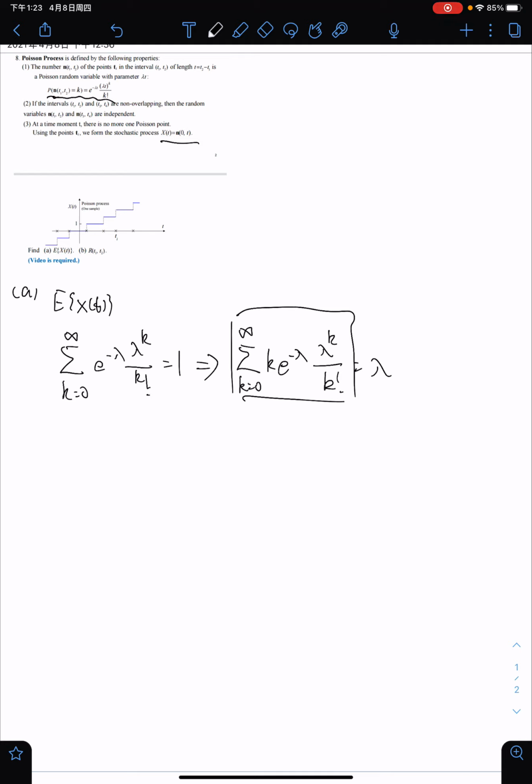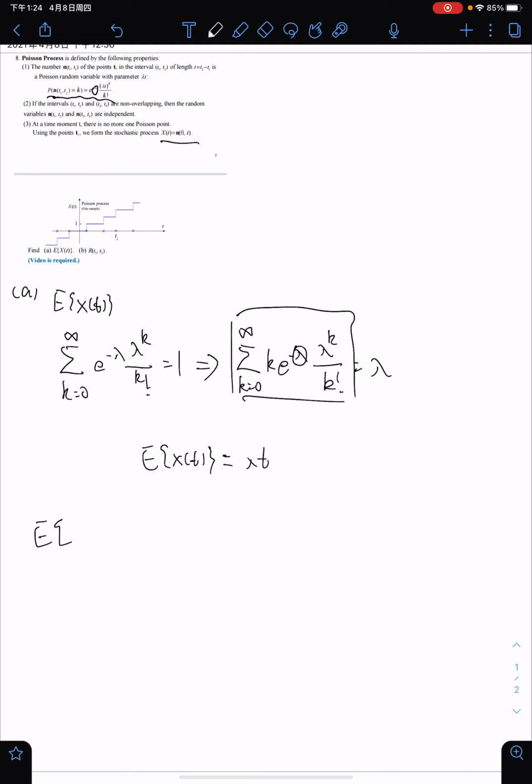So we can get the expected value of X(t) equals lambda t. You can see here and here the difference. And in the first question, in fact, we can get two other values.